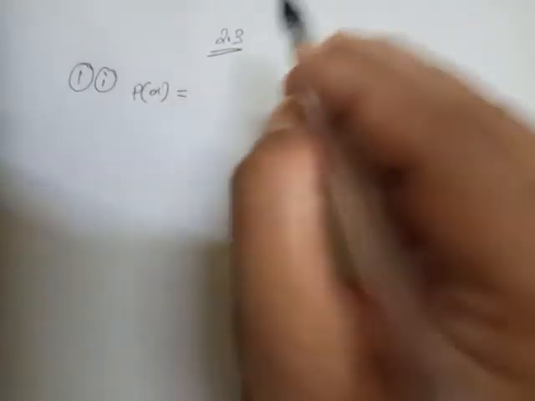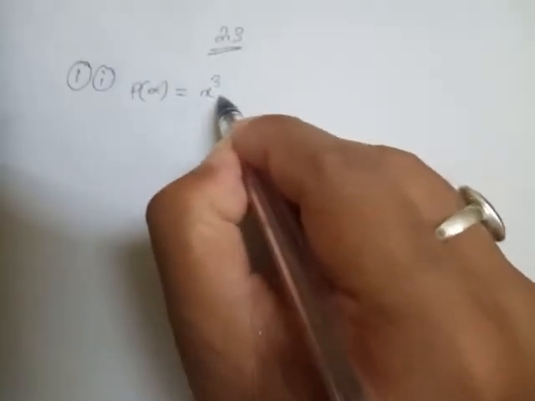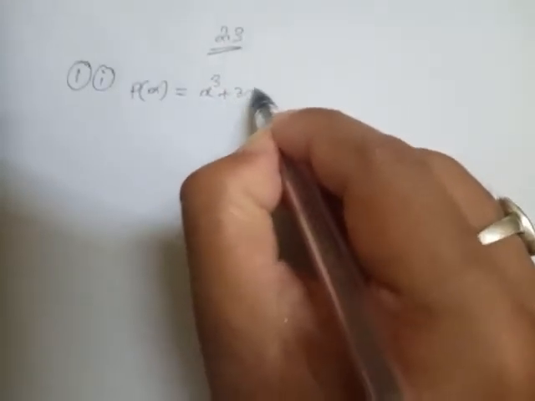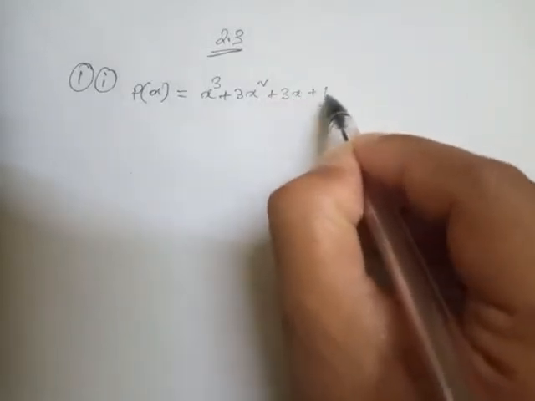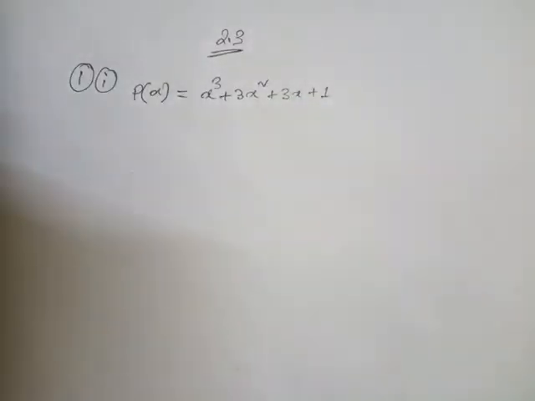Right here P(x) equals x cube plus 3x square plus 3x plus 1. This is the P(x) of the given question. Now we have to find the remainder when this is divided by, the first one, x plus 1.